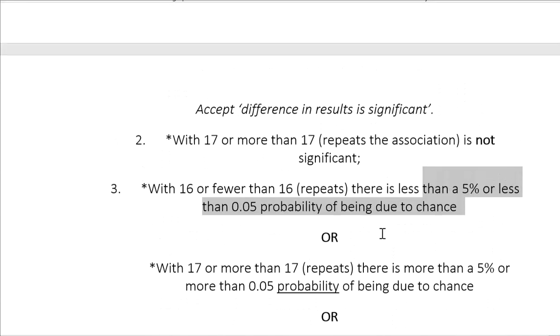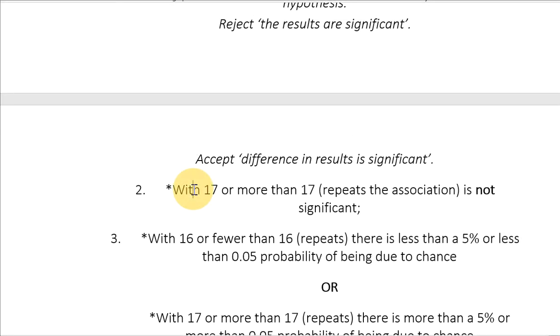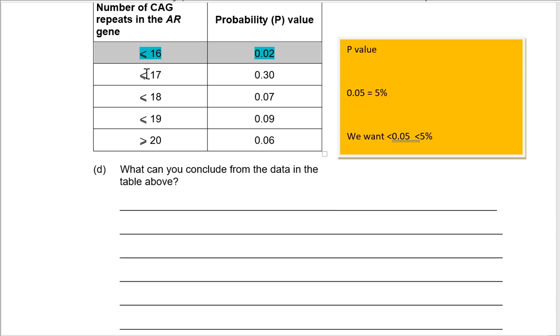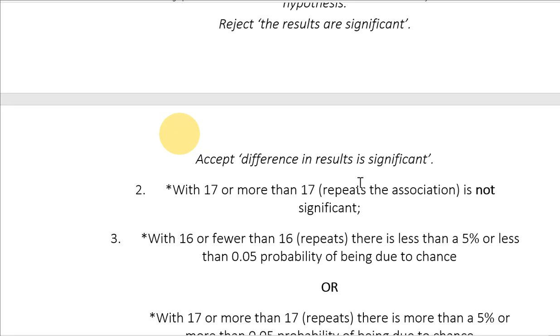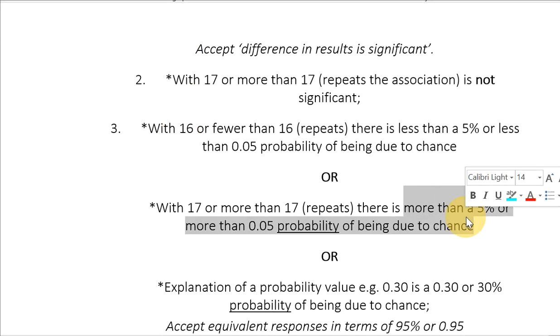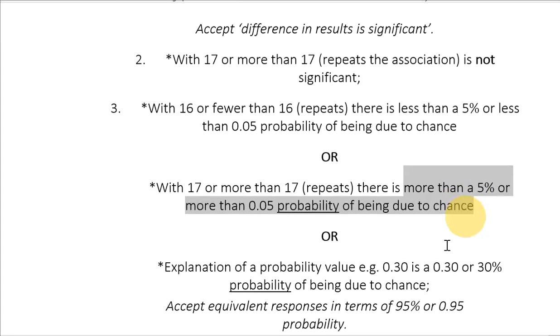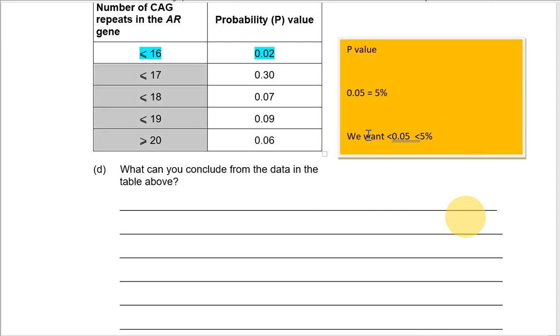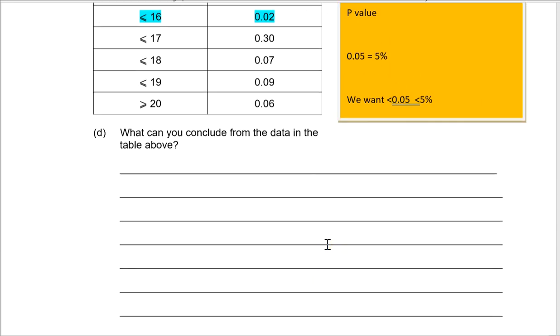And then you can mention the other ones, the 17 or more. All of them are not significant. Why are they not significant? Because there is more than 5% probability of it being due to chance. And remember, for our A level we are using 0.05, 5%, most of the time.